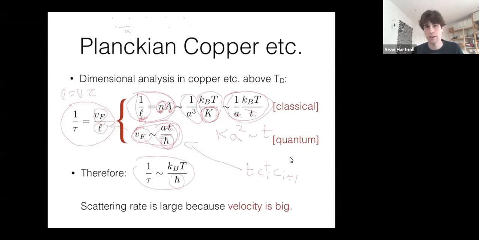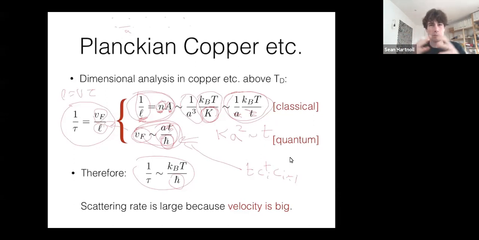So roughly, the reason that the scattering rate is quite large, the lifetime is short in copper, even though the mean free path is long, is because the velocity is so big. The electrons move really fast in copper. There's a 1 over hbar in the velocity, and that's because of Pauli exclusion. Normally at low energy, things move slowly.